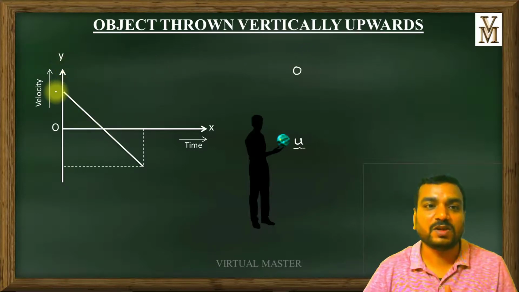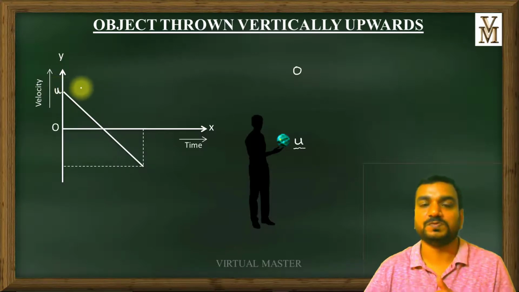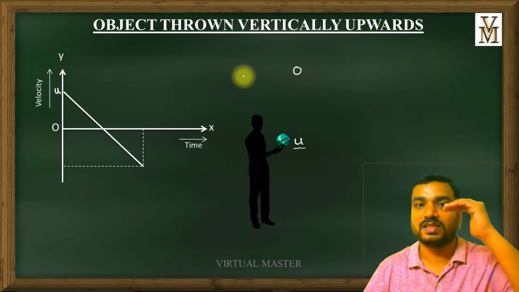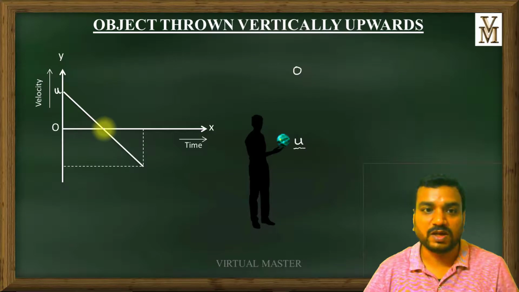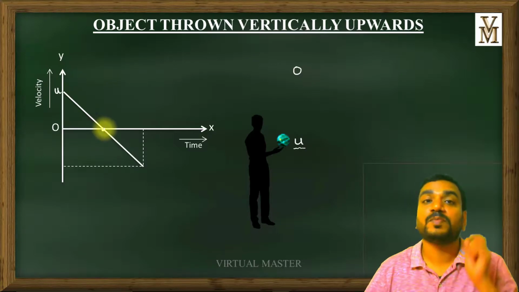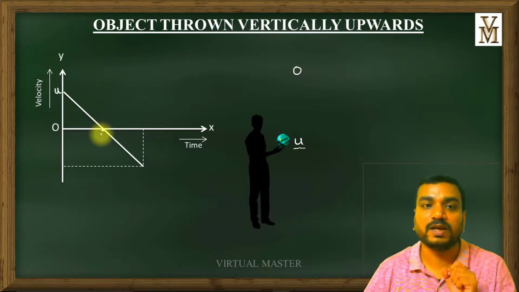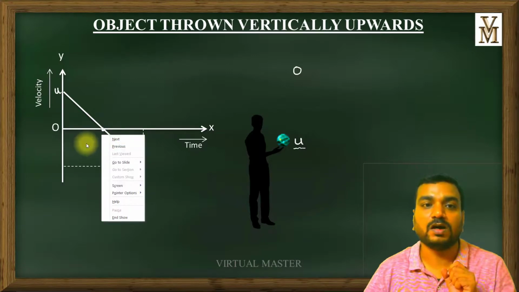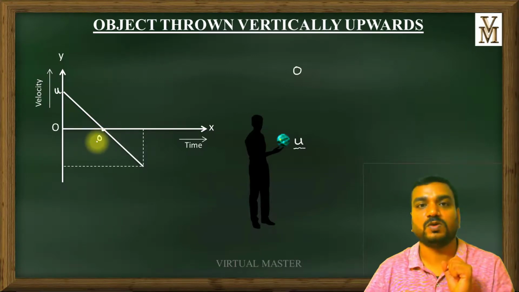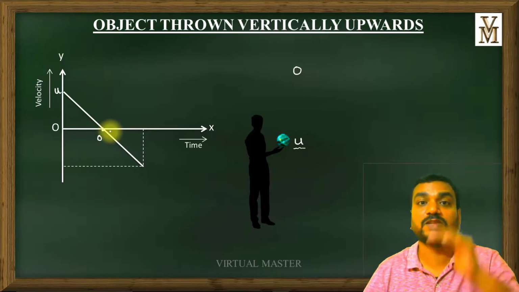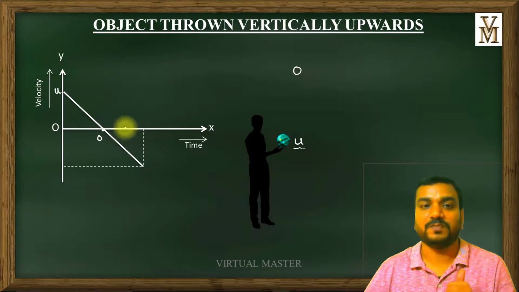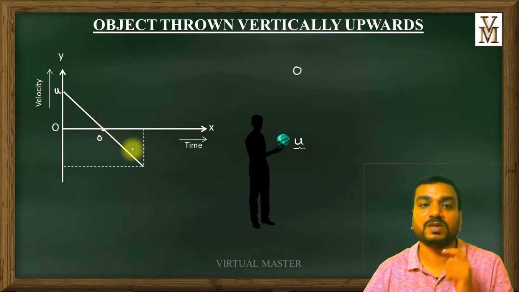Initially the velocity of the ball will be u, and at the top the velocity becomes 0 because at the top the ball is going to be at rest. So this is the point where the ball reaches the top, and here the velocity of the ball will be 0. From the top it comes back to the original position with increasing velocity.